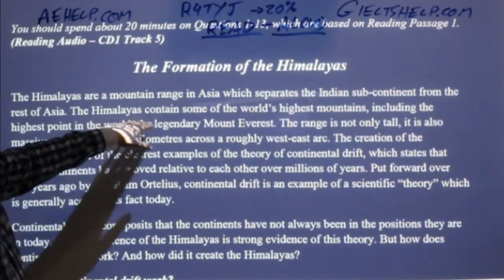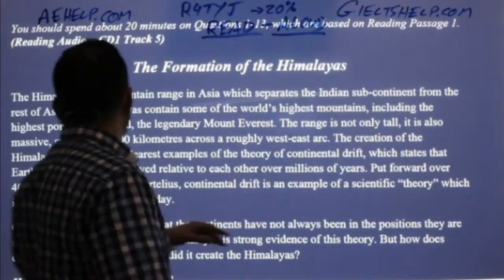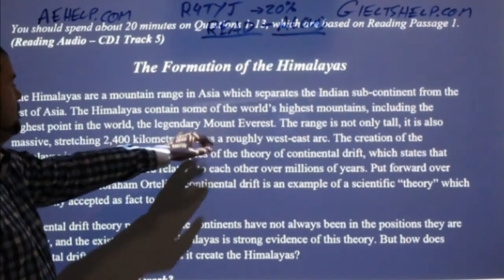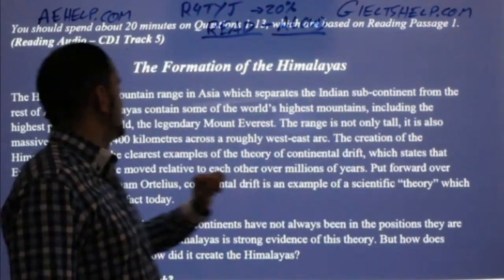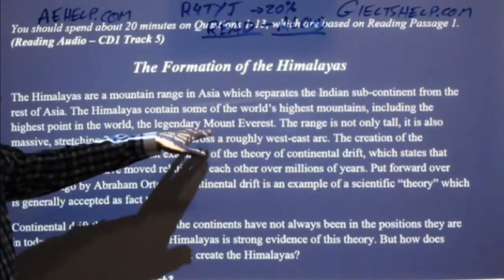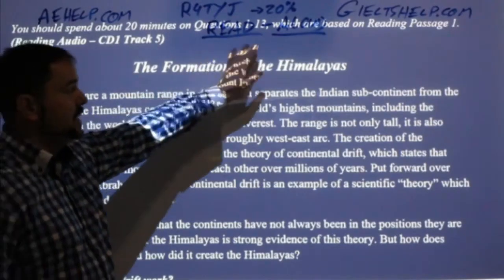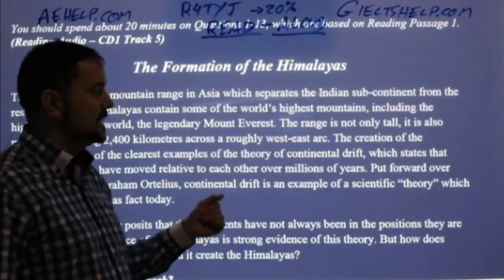The Himalayas contain some of the world's highest mountains, including the highest point in the world, the legendary Mount Everest. Okay, I hope everybody's reading with me aloud. Okay, so I'm reading phrases and then I'm reading sentences.